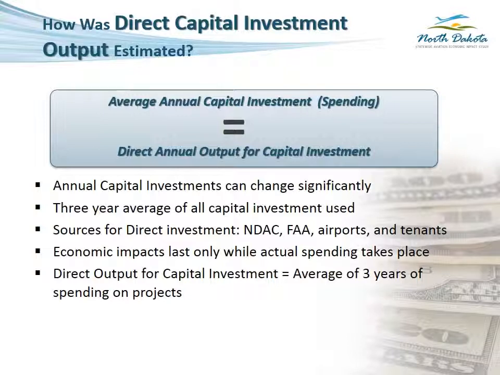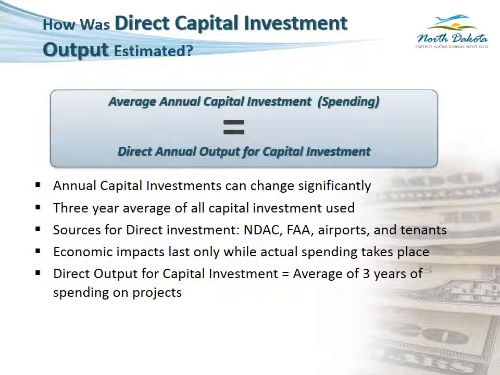Number 3. Direct capital investment reported to your airport includes, as appropriate, grants from NDAC or FAA. It also includes the local funds used to leverage these grants. Some airports also had investment from private sources, primarily to build hangars. The 3-year average for direct output or spending in the capital investment category considers all of these sources as they are applicable to each airport. Number 4. It is important to remember that jobs and payroll in this category are temporary in nature.